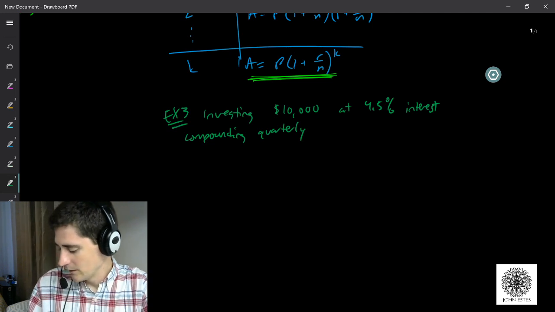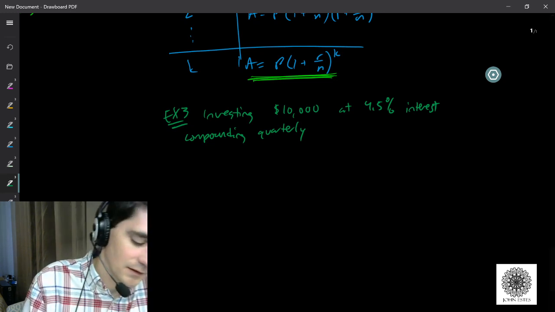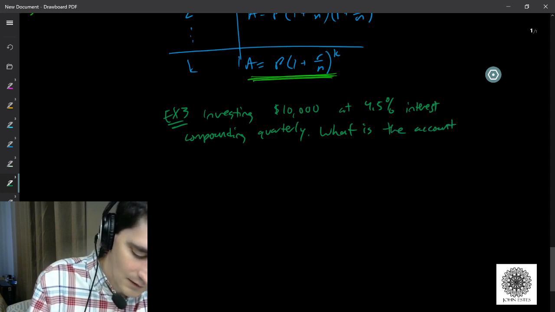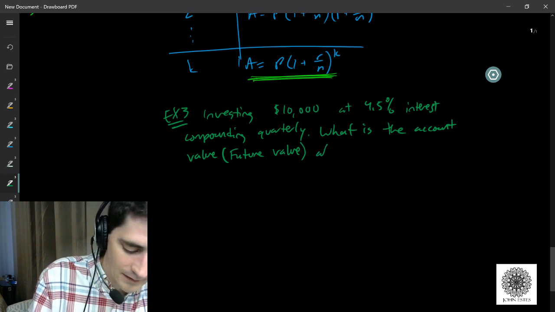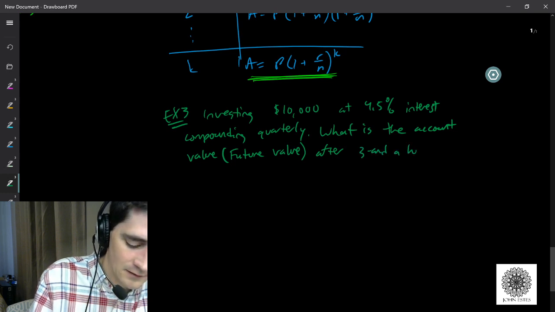So what we want to know is after 3.5 years, what is her value? Okay, so what is the account value? The financial term for that is future value. After t equals, let's say 3.5 years.